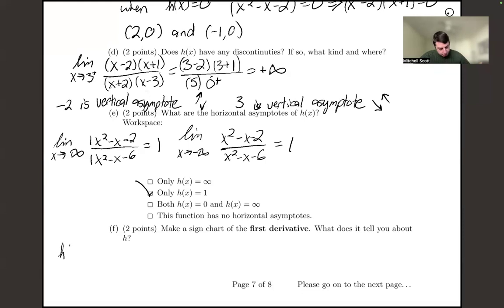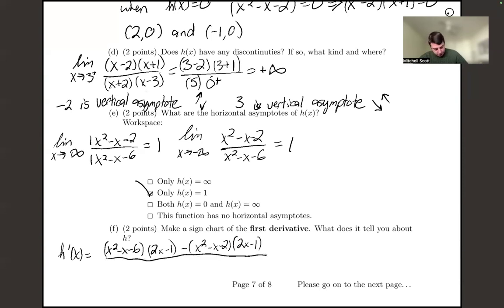So h prime of x equals low d high minus high d low over low squared, (x squared minus x minus 6) squared. Okay.